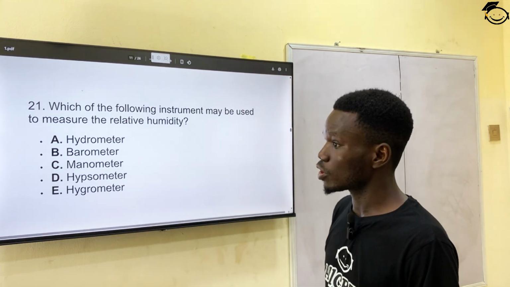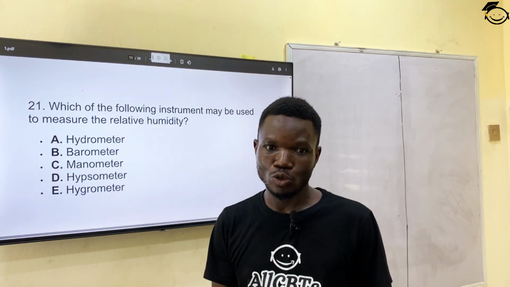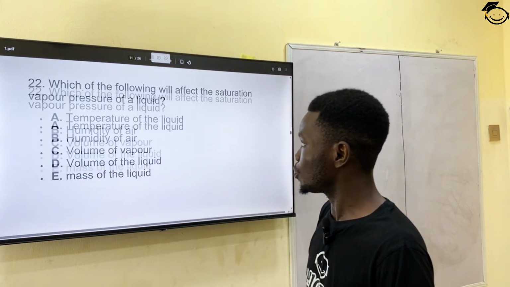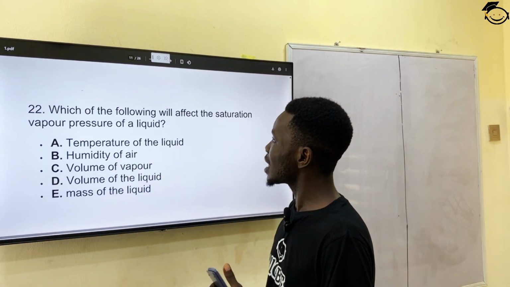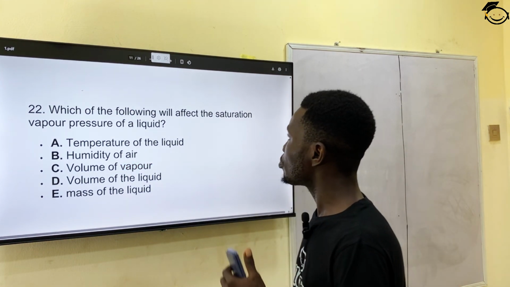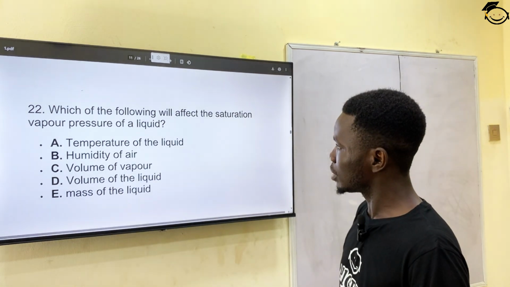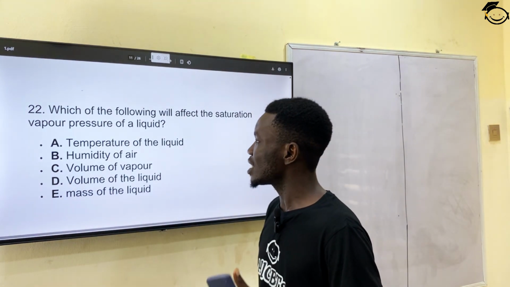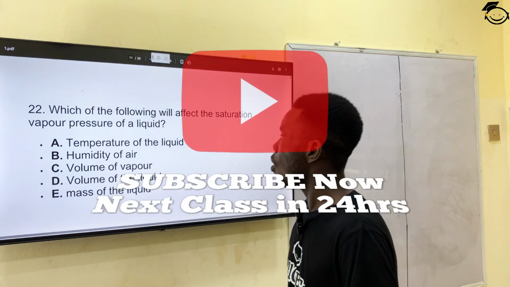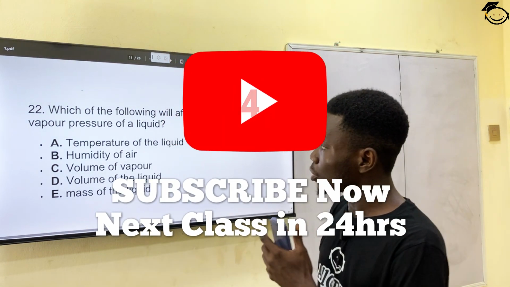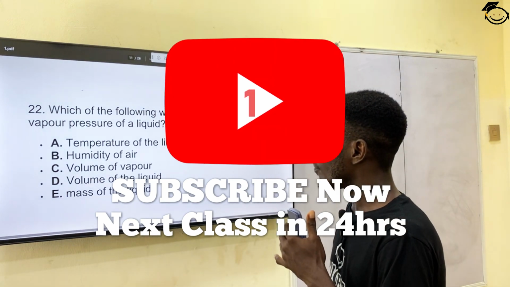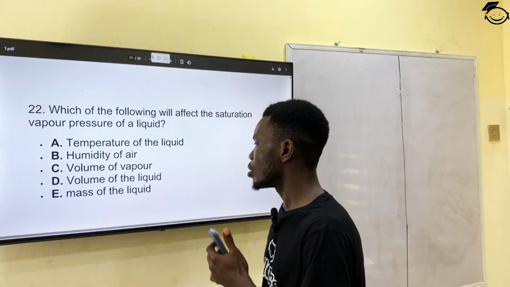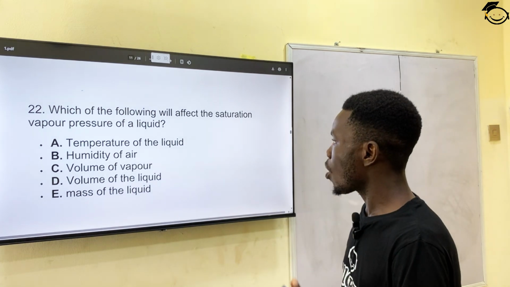So that takes us to question number 22, which says, which of the following will affect the saturation vapor pressure of a liquid? And option A, we have temperature of the liquid, we have humidity of air, we have volume of the vapor, we have volume of the liquid, and we have mass of the liquid.